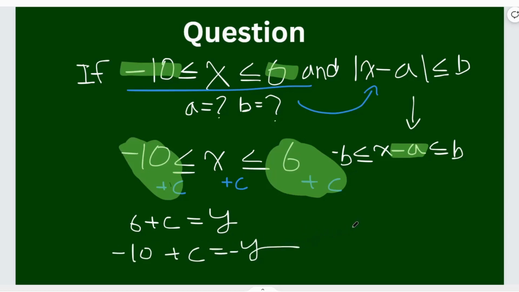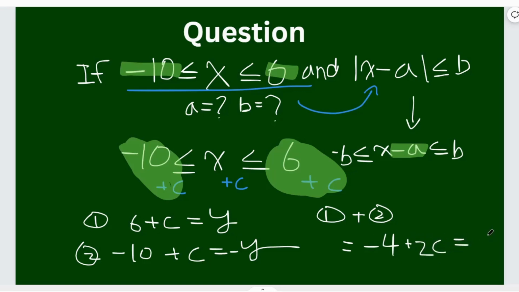We want to find c. What do you do? You can take equation 1 and equation 2, and since you want to cancel the y, you do equation 1 plus equation 2. That will get you 6 plus negative 10, which is negative 4. And then c plus c is equal to 2c, and the right side here is 0.